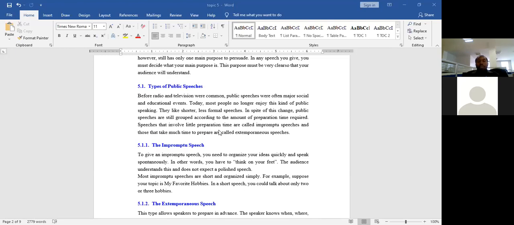Impromptu is a speech that you give and you have to organize yourself very quickly on the things that you're going to say. So in other words, you have to think on your feet. Imagine you have gone to State House just as a visitor, maybe on Madaraka Day or Jamhuri Day.